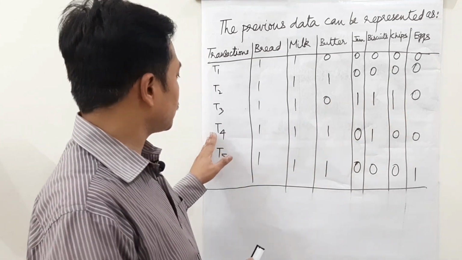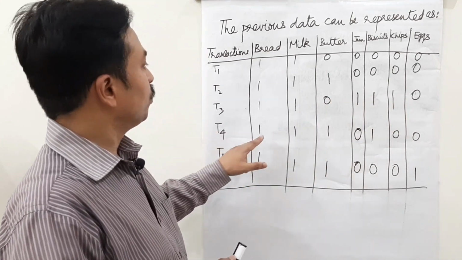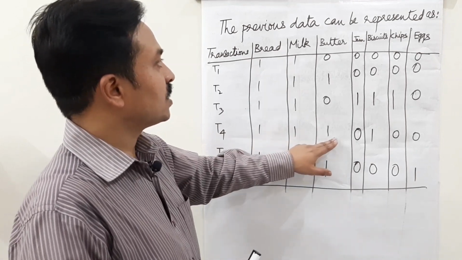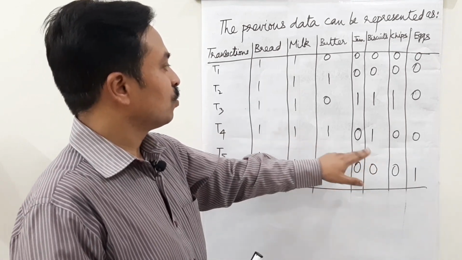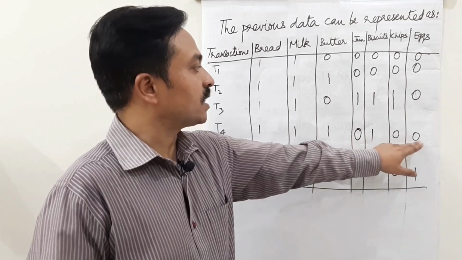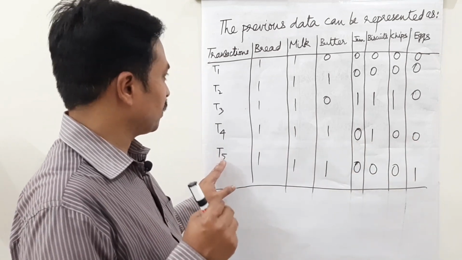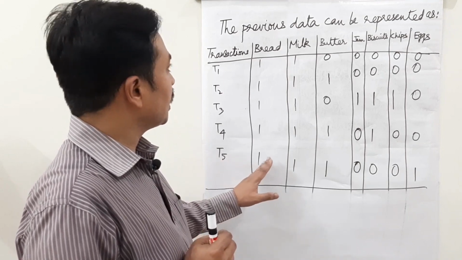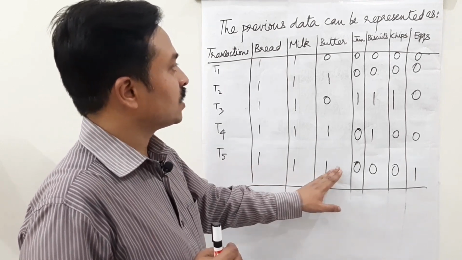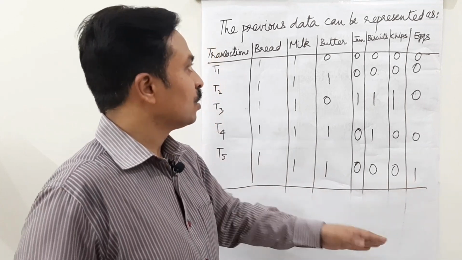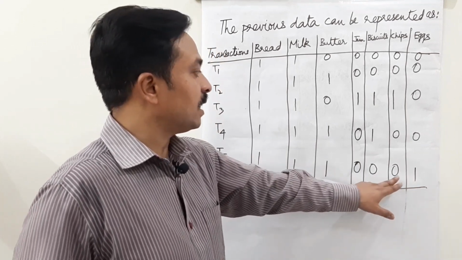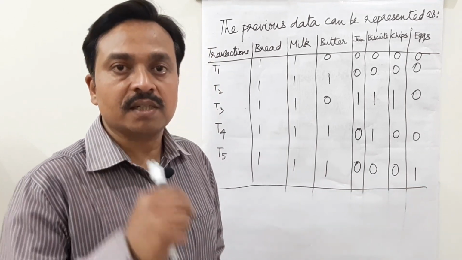In the transaction T4, bread, milk, butter and biscuits were purchased, while jam, chips and eggs were not. In the transaction T5, bread, milk, butter and eggs were purchased, while jam, biscuits and chips were not purchased.